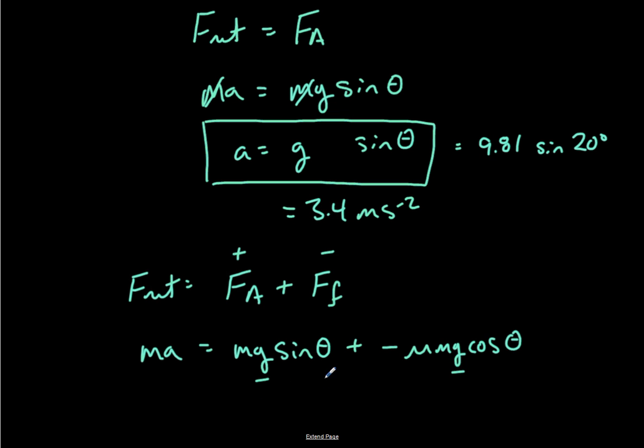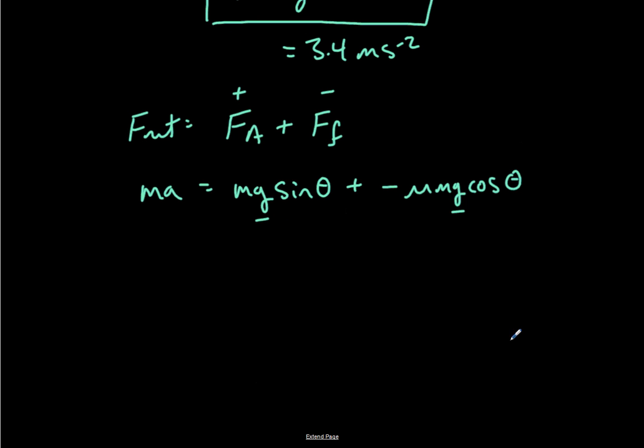You could, but then you would just invert everything that you're doing here. So I find it easier to just leave g as positive and dictate direction with my negatives. I don't know if that's super politically correct physics, but you're using your own common sense here anyway, right? One is that way, one is that way. The net force is going to be the difference. So what happens here?